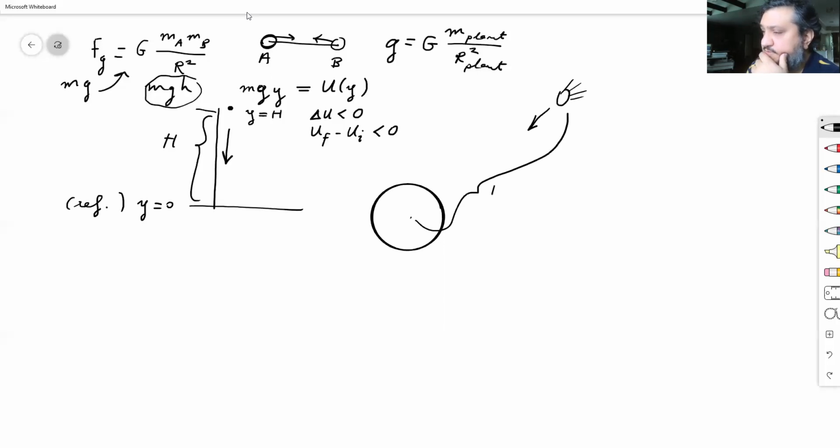It's a distance r_i away, and it's on a collision course with Earth. It's going to hit the Earth one day. At that point, the distance will be r_f, which is equal to R Earth, the initial position and the final position over here.